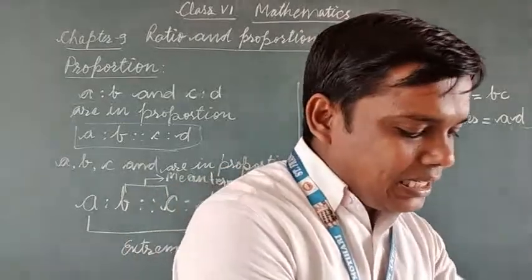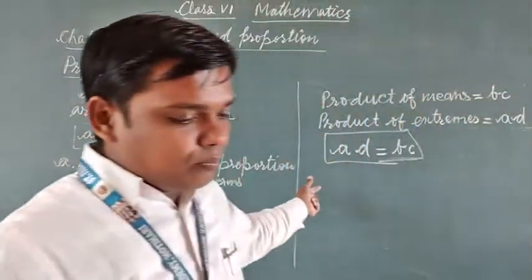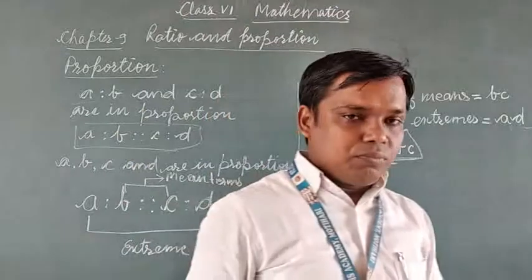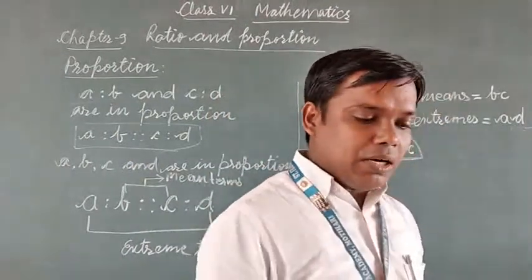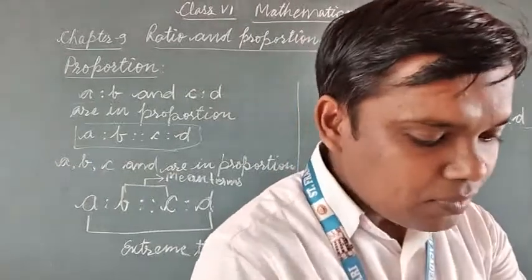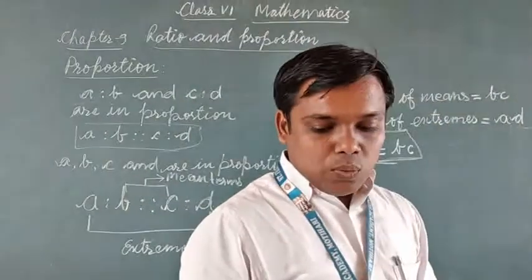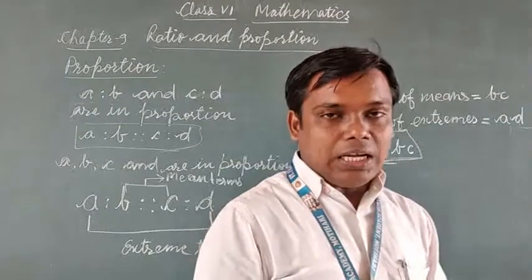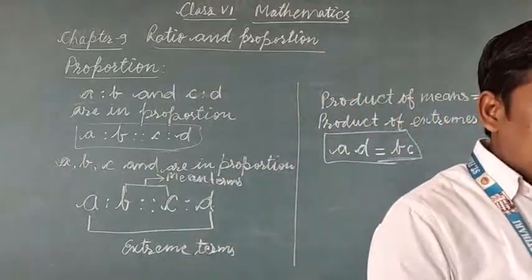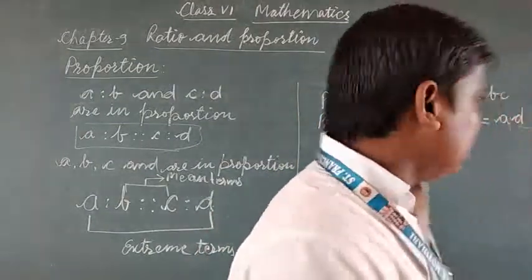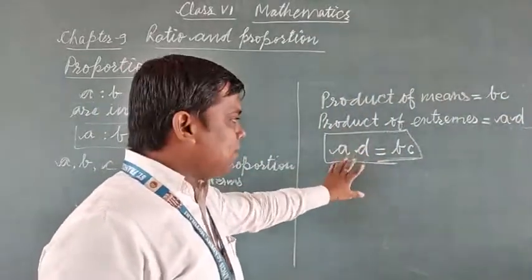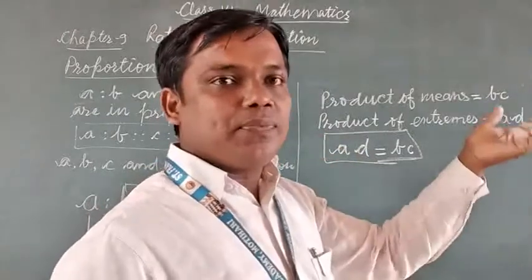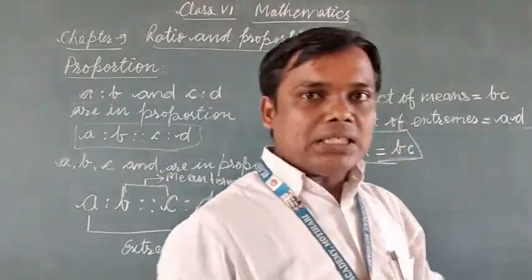You have a question related to checking whether the following ratios are in proportion or not, Exercise 9.1, question number 1. But before that, one more thing I would like to tell you. Here four terms are given, and it is quite easy to multiply the extreme terms and mean terms.